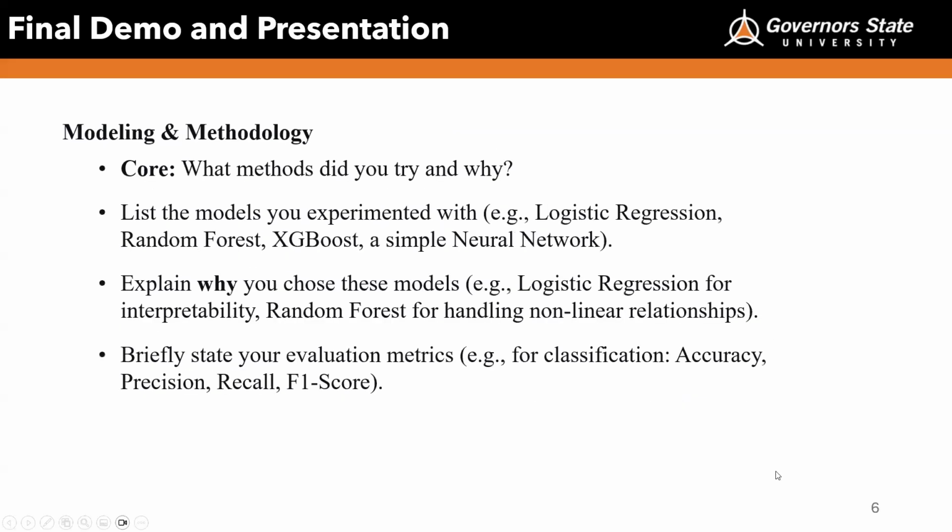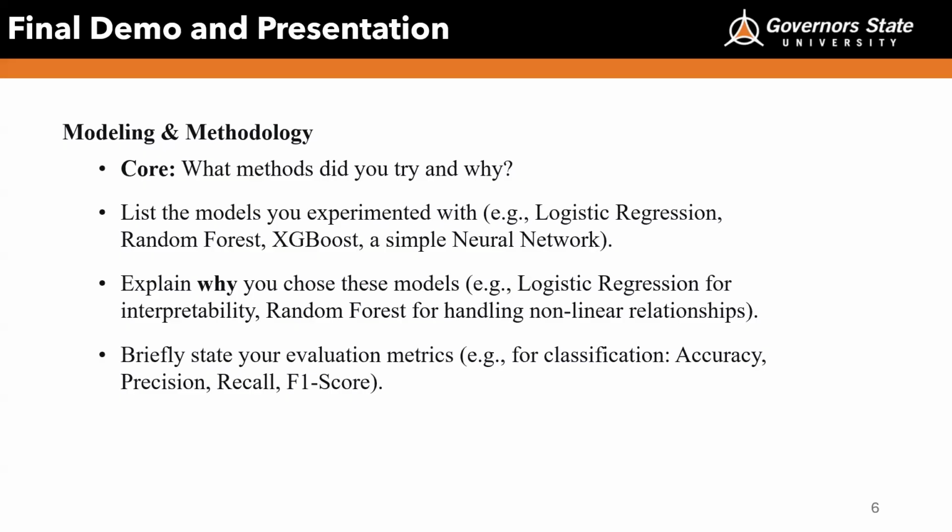Okay. And the next part is the modeling and methodology. So this is, what methods did you try and why? You should list the models you have used in the experiment. And you should also explain why you chose those models. You can just give some reasons. So for example, logistic regression.